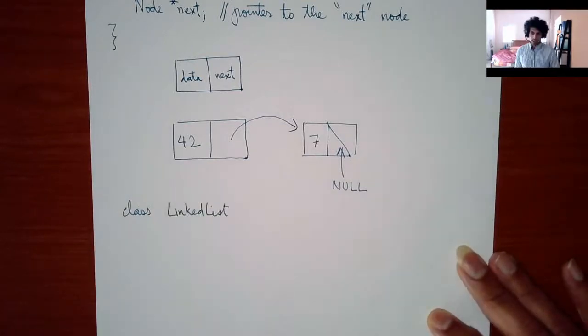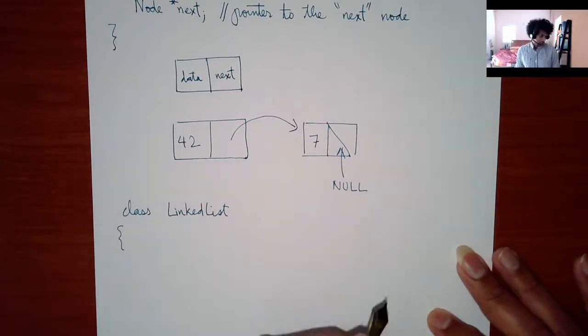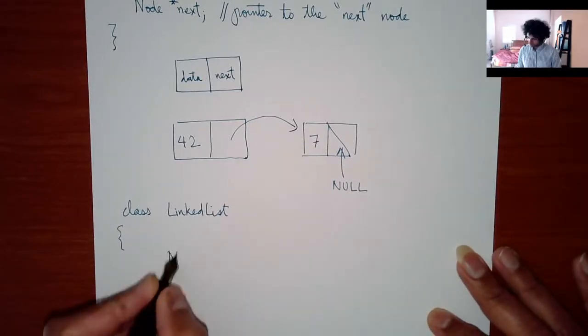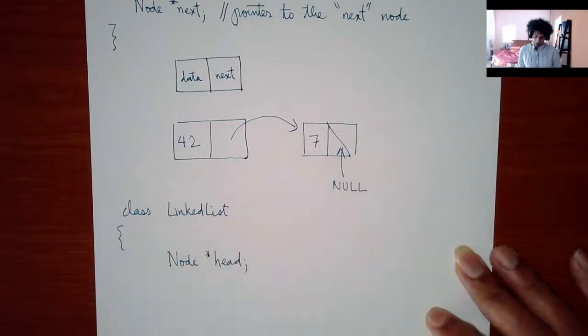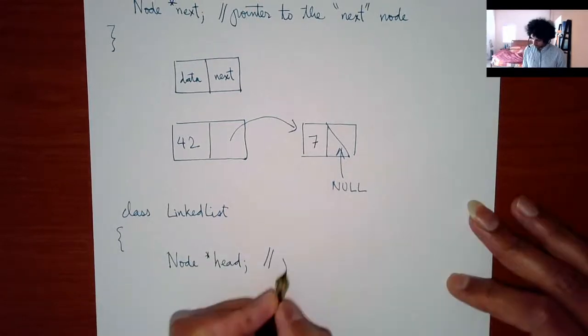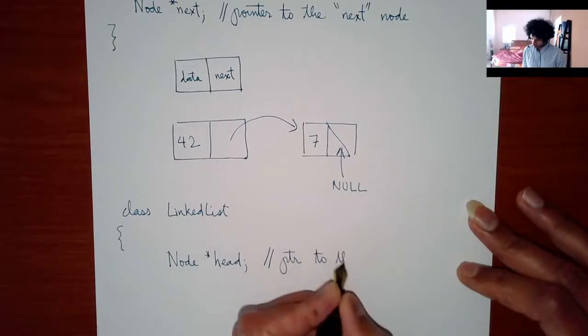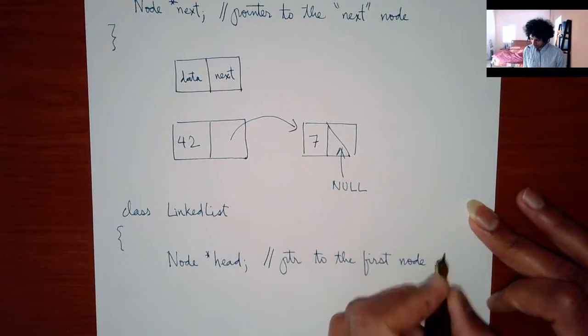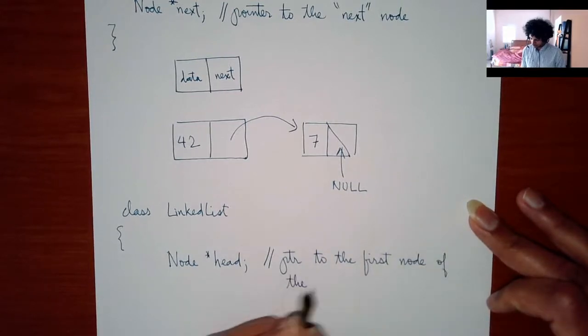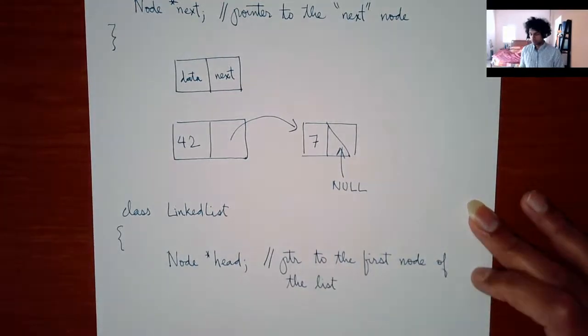What is your class linked list going to have? Your linked list is going to have a special pointer which is called the head, and this is a pointer to the first node of the list.